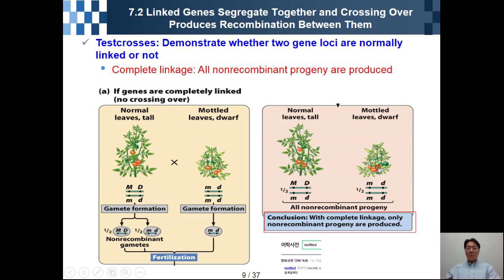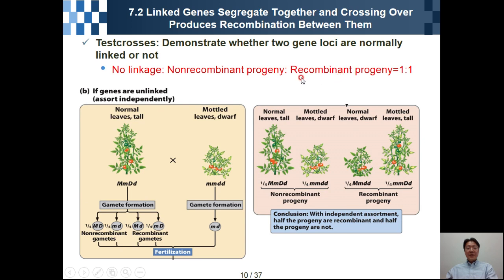All of the progeny are non-recombinant. So this is complete linkage. The ratio is 1:1. So complete linkage shows that all non-recombinant progeny are produced.